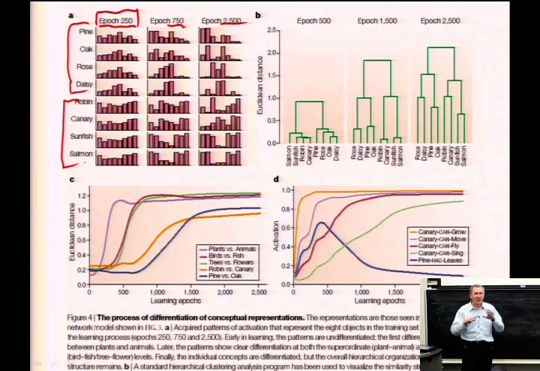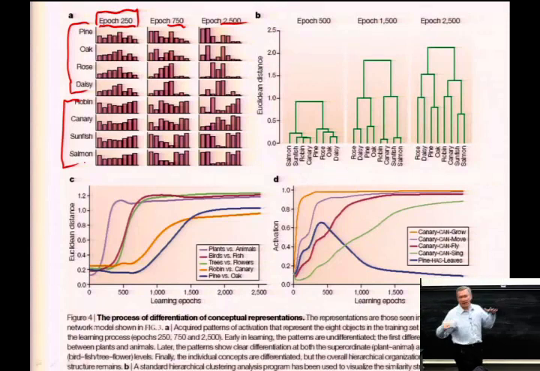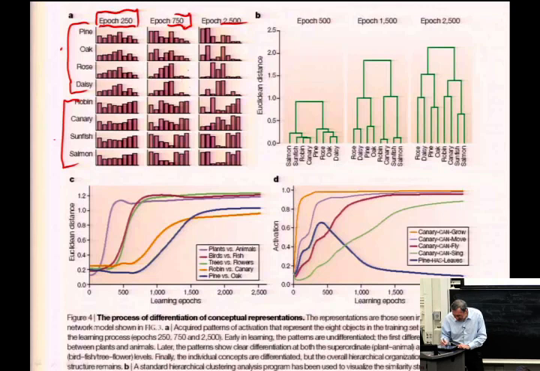So essentially, at that stage, you could reasonably say that it was distinguishing these living things or these animals from these plants. And then later at 750, you can see it starts to distinguish, for example, rose and daisy now have very similar representations, a little different than they used to be. But now they're quite different from the pine and the oak. And similarly, the animals have now split into robins and canaries versus sunfish and salmon.